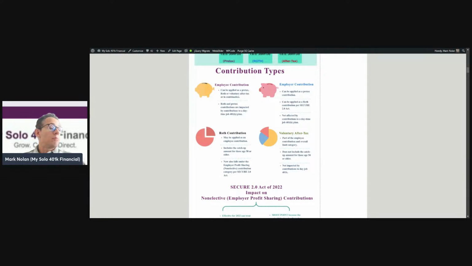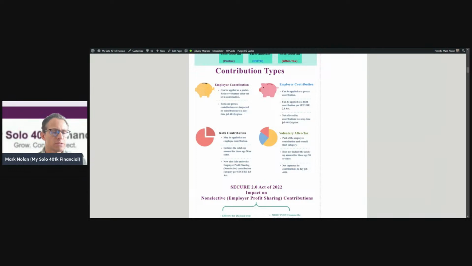Now, if we're talking about employer contributions, those typically have to be made as employer pre-tax contributions. So let's say that your self-employed business is an S corporation, that would be 25% of W-2 wages.